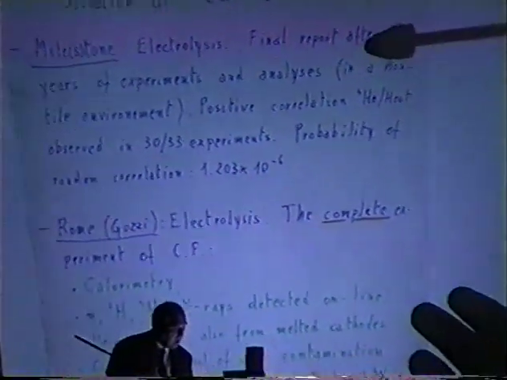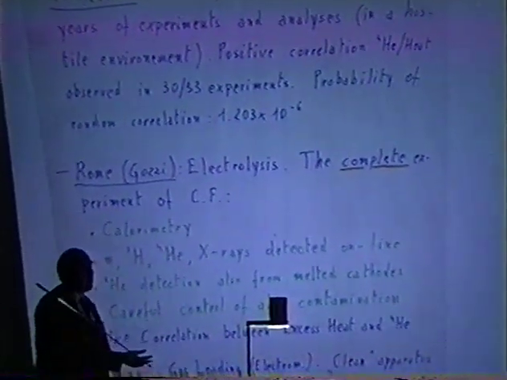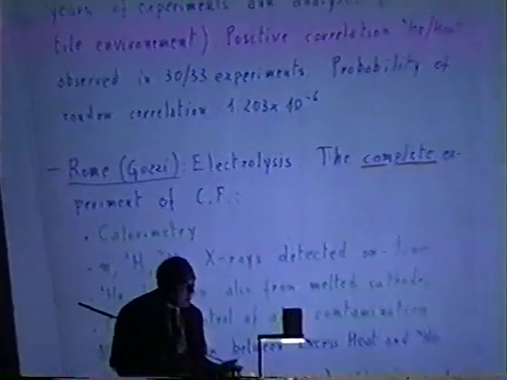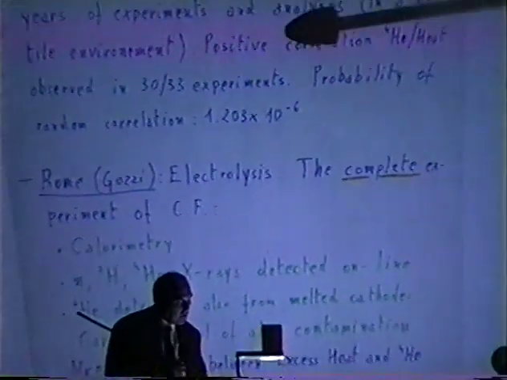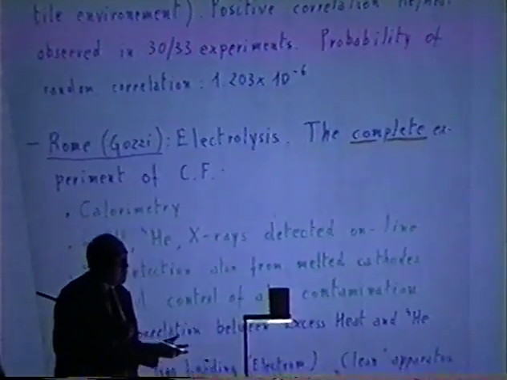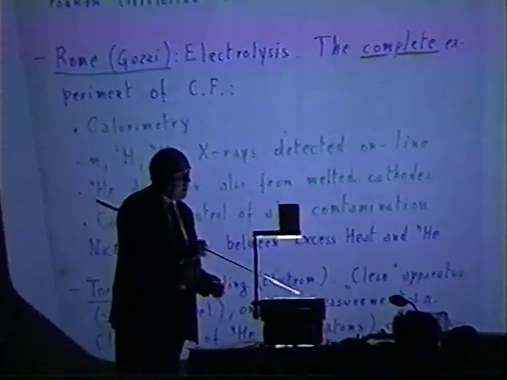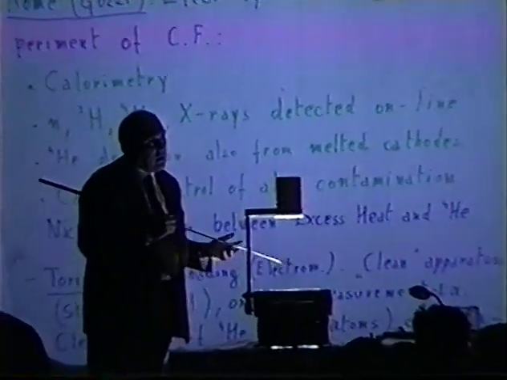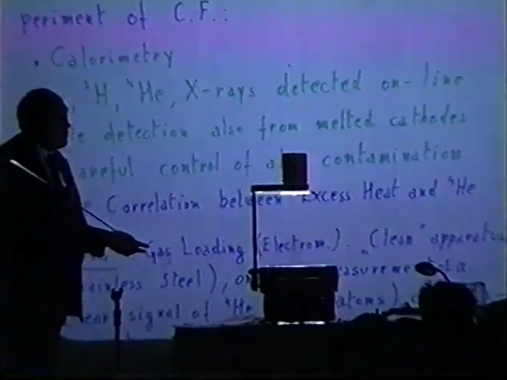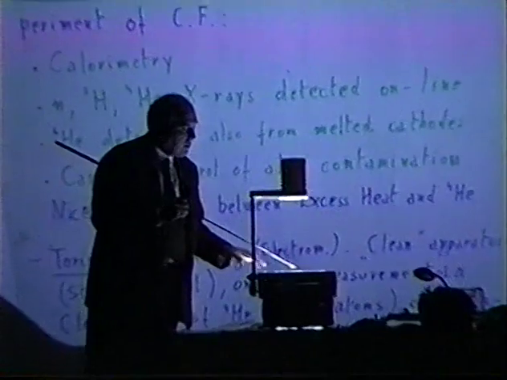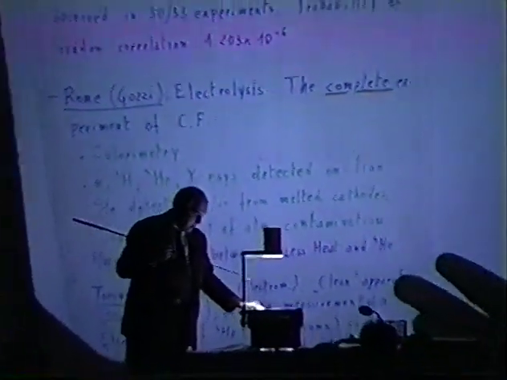We heard also that he had to carry out the experiment in a very hostile environment. At the end, the very important point is that he gets a positive correlation between the helium measured and the heat in 30 of the 33 experiments. This corresponds to a probability of random correlation of less than one in a million.